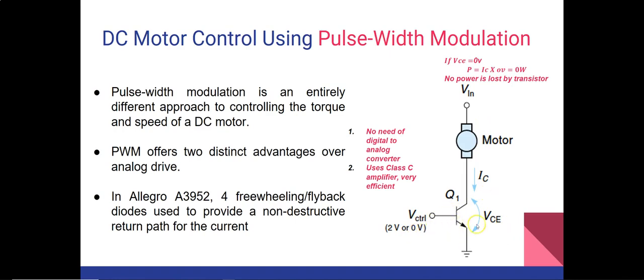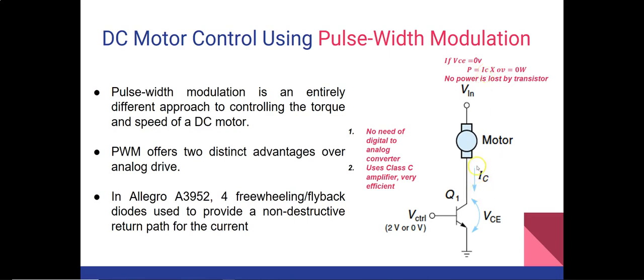In that situation, your VCE is going to be 0 volts. So when VCE is 0 volts, the entire line voltage is going to drop across this motor. If you calculate the power, you can use the formula P = VI.